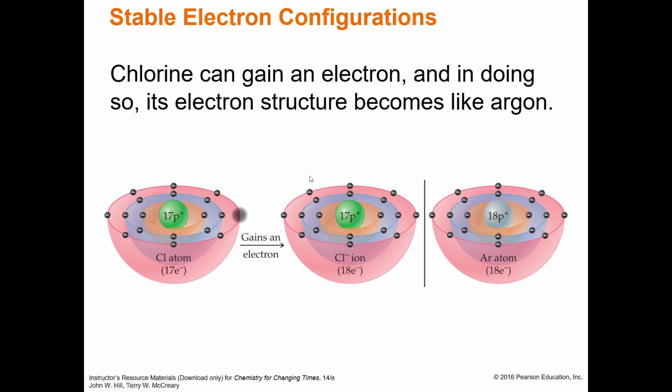Keep in mind that these are not actually what atoms look like. Electrons don't just stay in place in perfect little orbitals, okay? They're just a nice visual representation. And so you would expect this Cl- with a -1 charge, because it's gained an electron, to be more stable, less reactive.